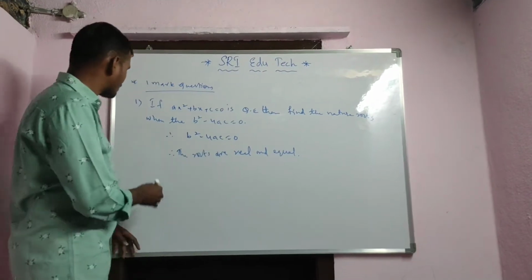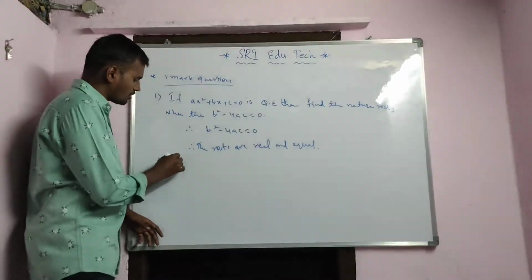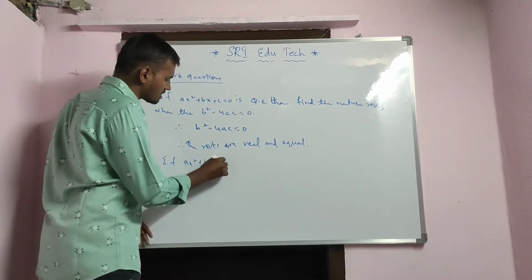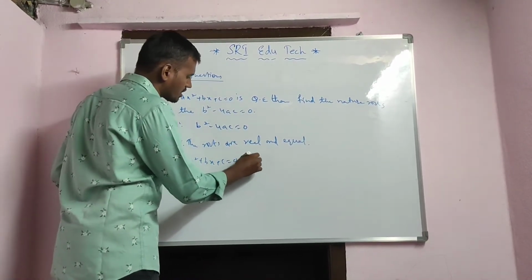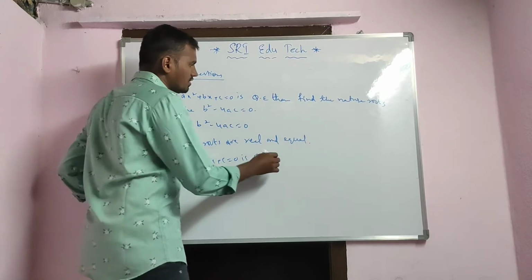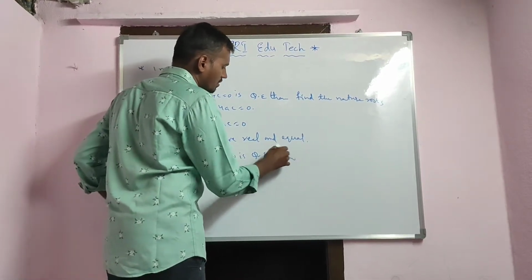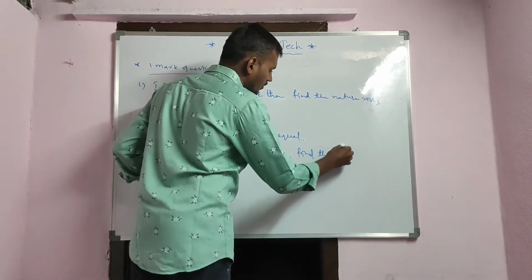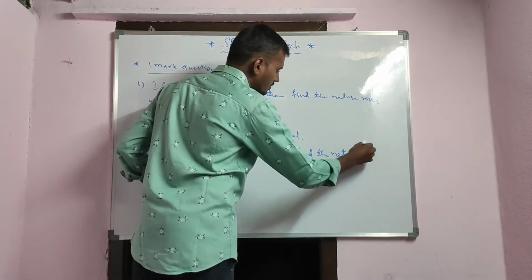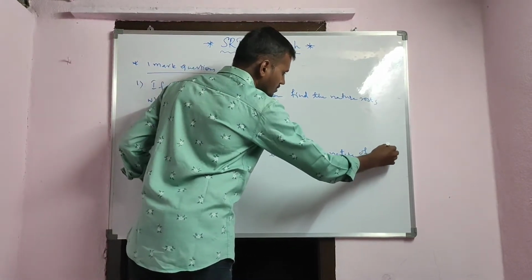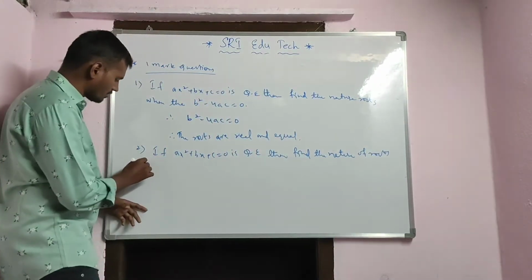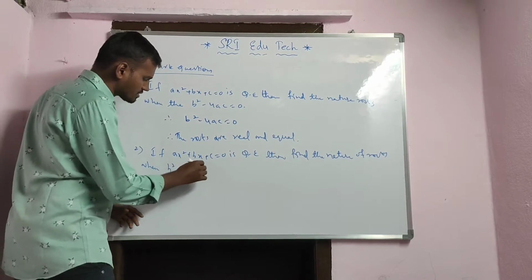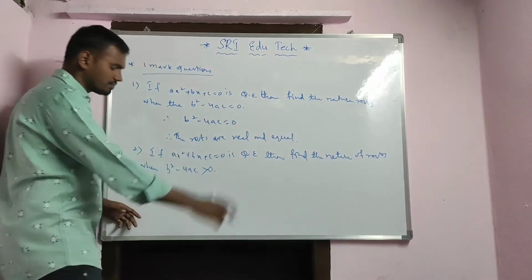Next, the second question. If ax square plus bx plus c is equal to 0 is a quadratic equation, then find the nature of roots when b square minus 4ac is greater than 0.